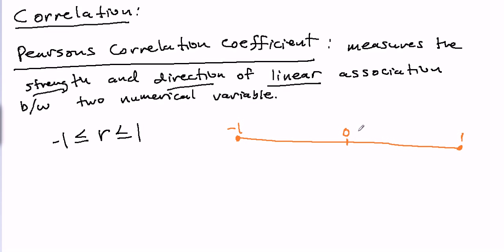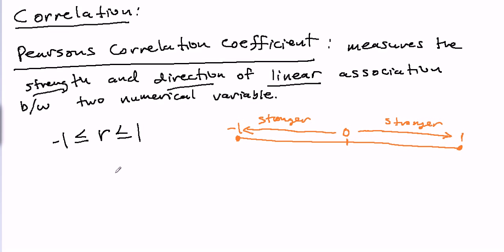Okay, so as you get closer to either of these boundaries, you get stronger relationships. Okay, so the strongest a relationship can be is -1 or +1.